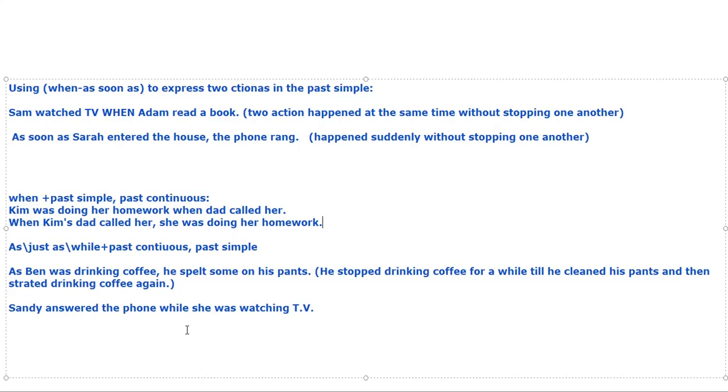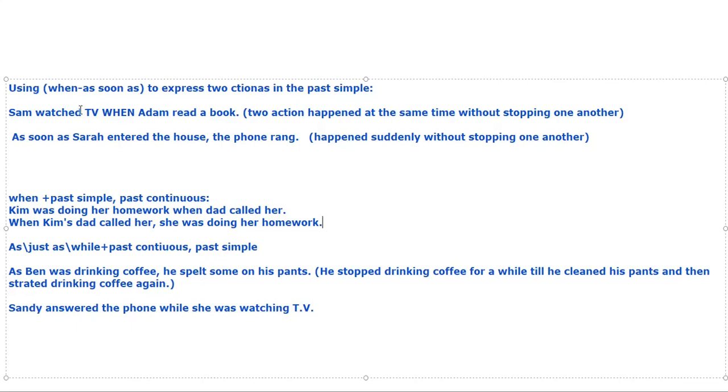Here, while is in the middle, so we get the past continuous after it, was plus the ing, and then we start with the past simple. So Sandy answered the phone. This is the short action which interrupted the longer action, which is the past continuous. She was watching TV. Okay, easy.